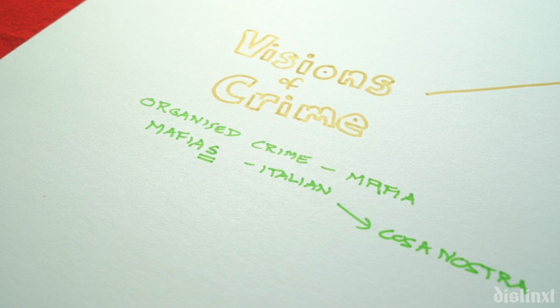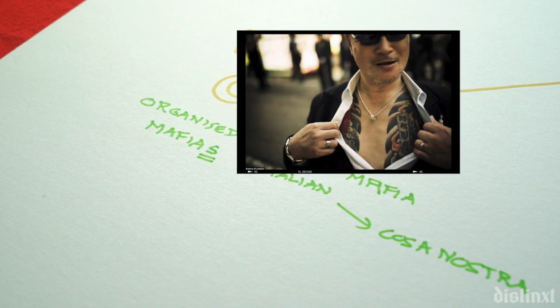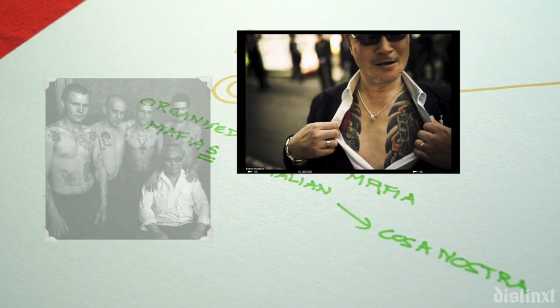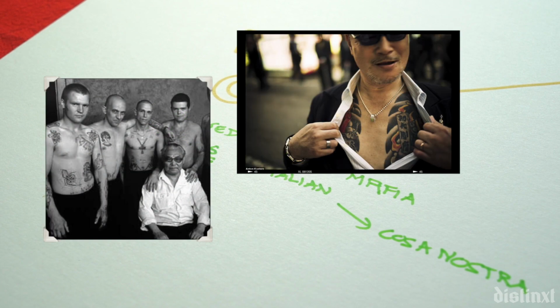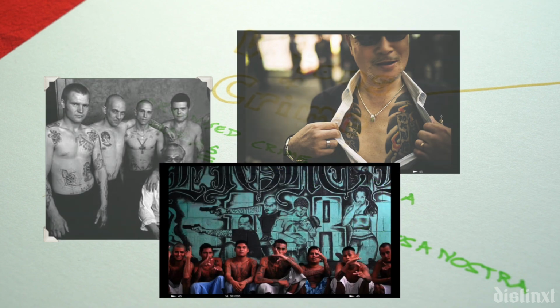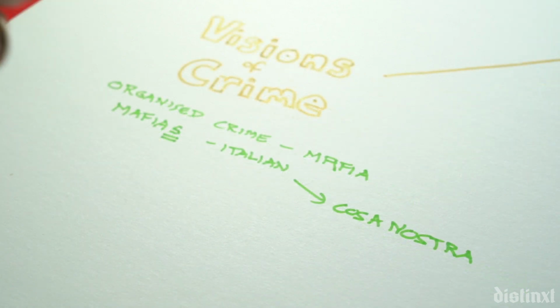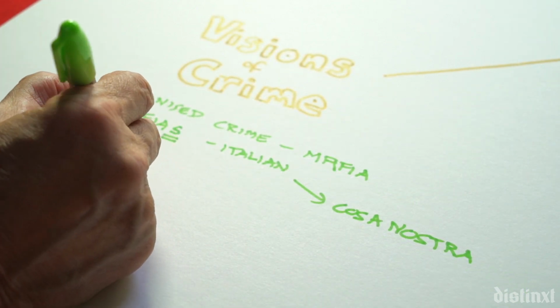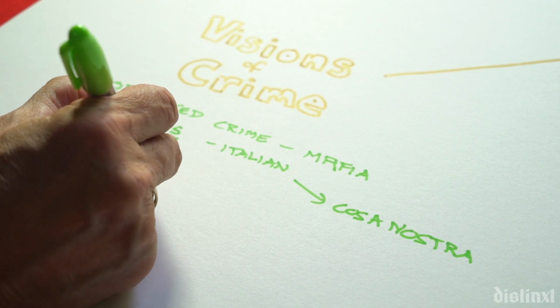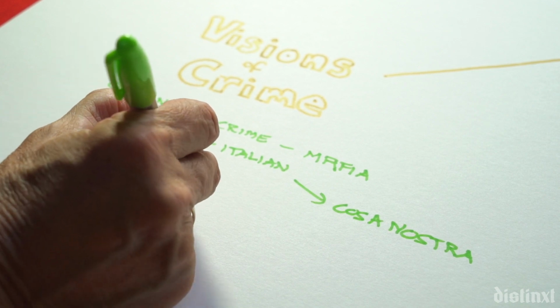And there are organised crime networks, which people call mafia, in many, many countries. Japan, the former Soviet Union, South America, just about everywhere you go, you will find organised crime. So let's think about filmic mafias.